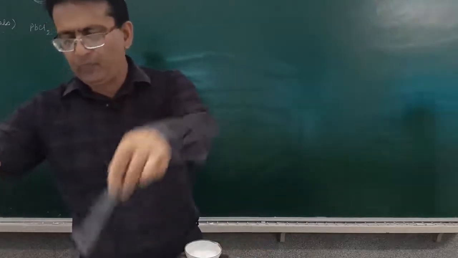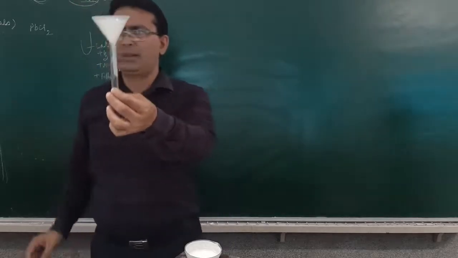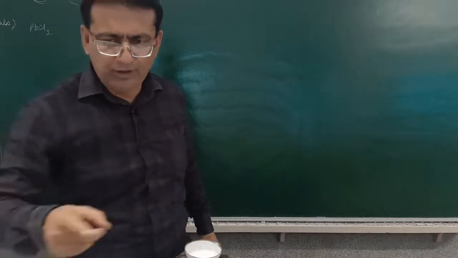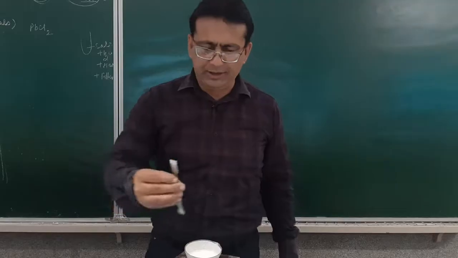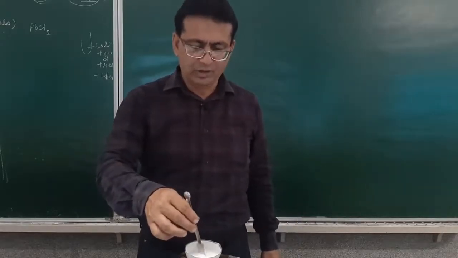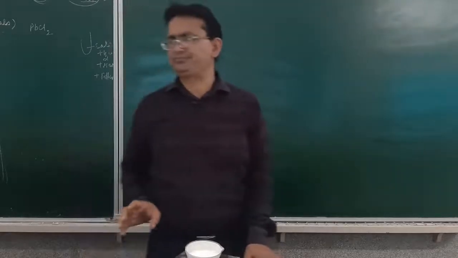I'll put up this setup in a test tube like this. Am I clear or not? And then filter it when I find it gets properly heated up. Once it gets properly heated up, it is to be filtered. You have to be very careful so that you do not get burned.